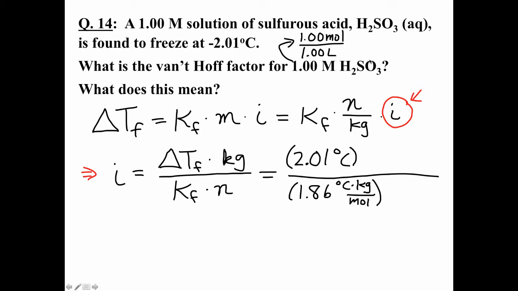Now this solution is going to have a density that's higher than 1 gram per milliliter, probably maybe 1.05 to 1.1 grams per milliliter or so, based upon values of other solutions we've seen like this.